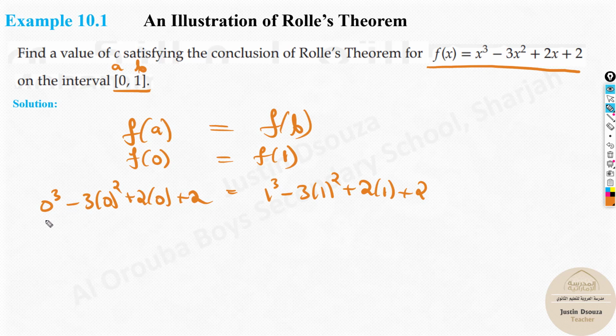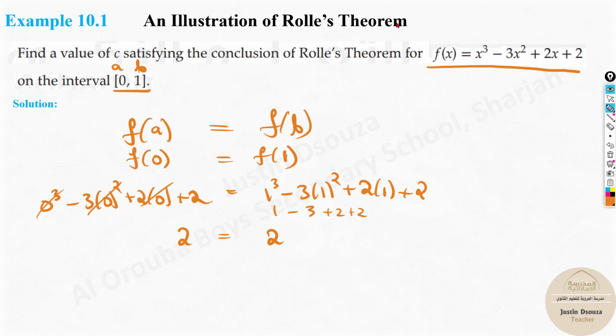On the left, only 2 remains. On the right, it is 1 minus 3 plus 2 plus 2, which is 5 minus 3, that is 2.